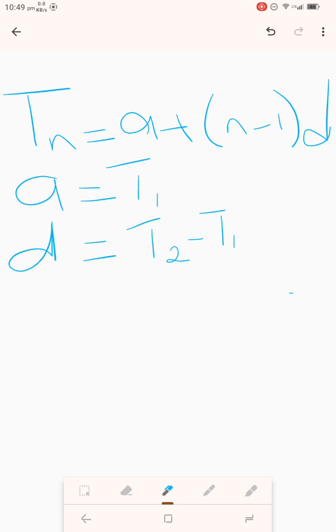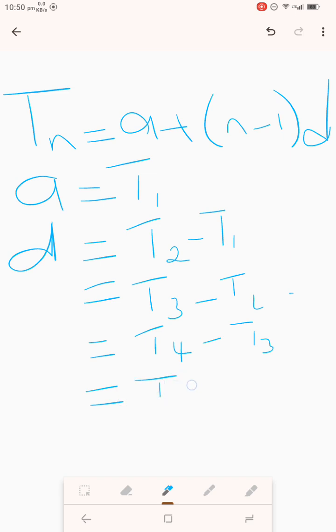After that, we're going to have term 3 minus term 2, then term 4 minus term 3, term 5 minus term 4, and so on.